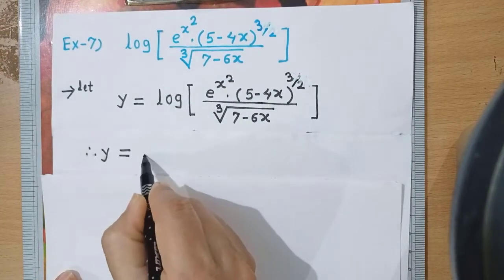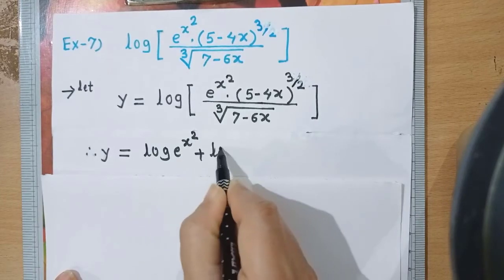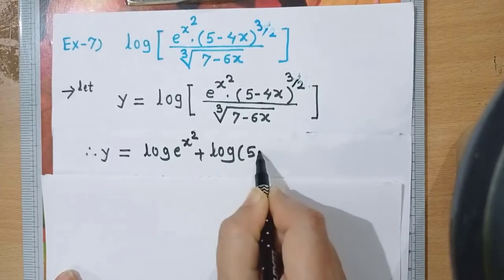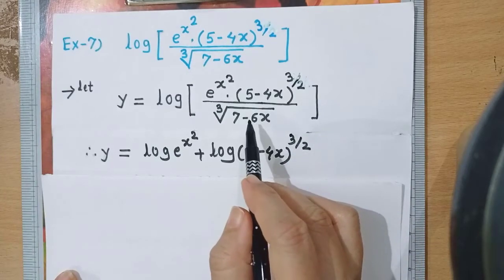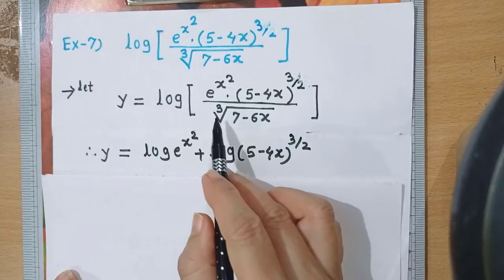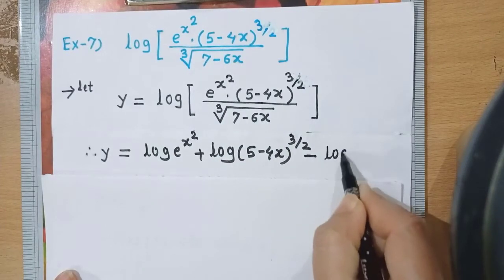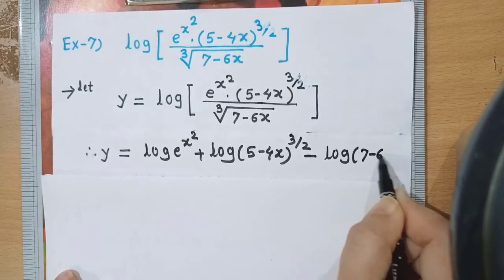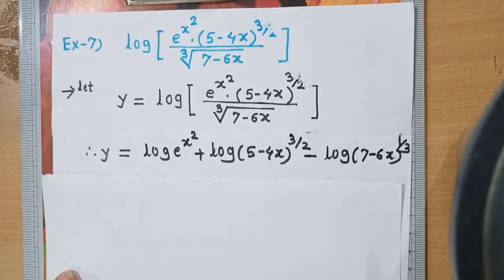So in the next step, log of e raised to x square plus log of 5 minus 4x raised to 3 by 2, and this term is in division, and again this is cube root.